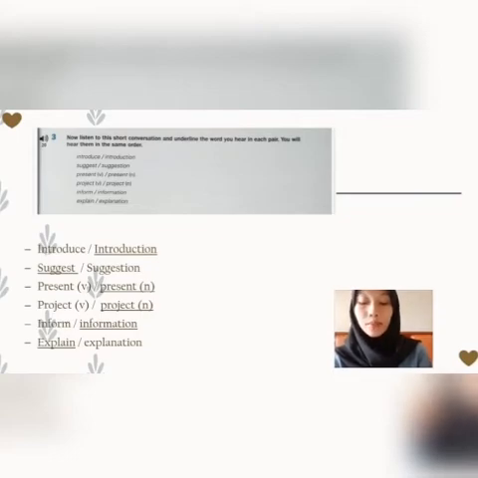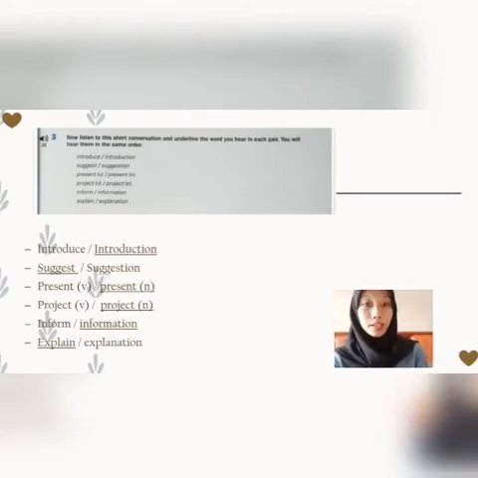Number 5 is inform or information. The correct one is information. Why? Because after that, he said that he needs another speaker to get more information related to the topic that they present. So the information is the correct one.